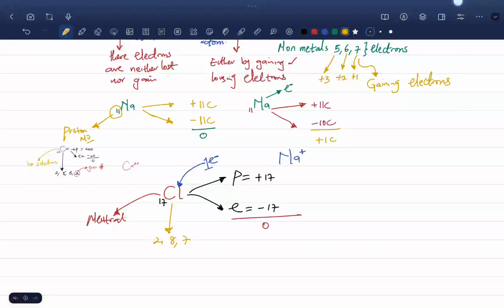Therefore, what is going to happen here is that chlorine is going to gain 1 more electron. So it's going to gain just 1 more electron.